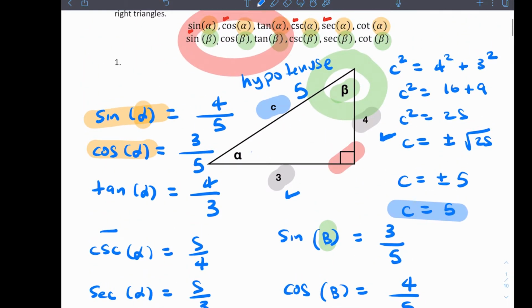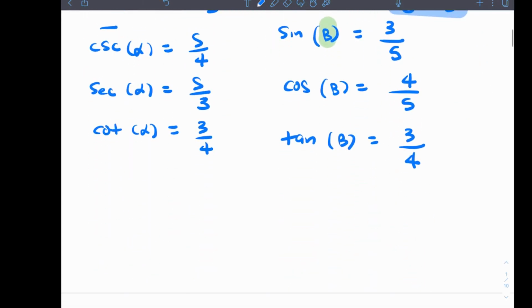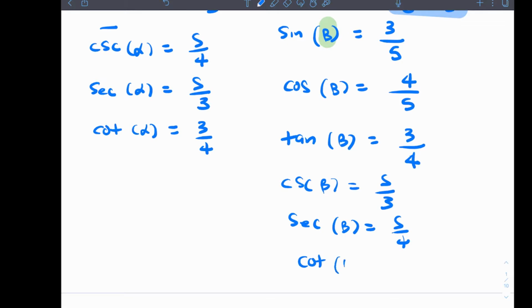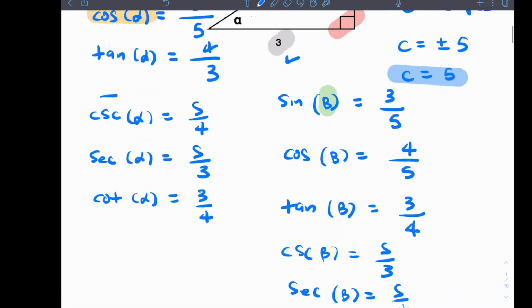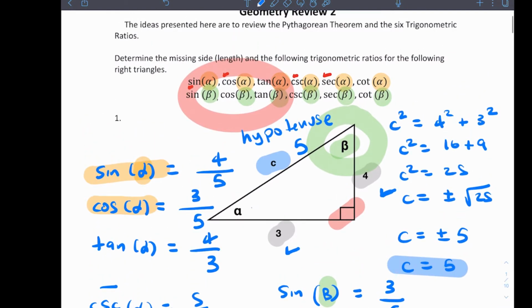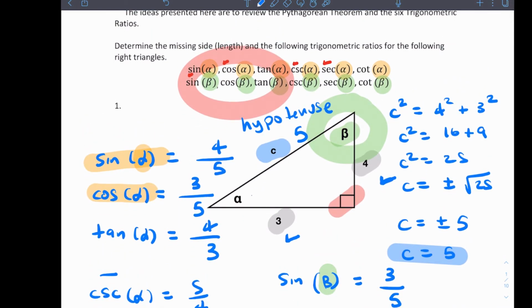Is that pretty simple? All of this information about a right triangle. And similarly, opposite of sine is cosecant for beta, just flip the fraction over. Opposite of cosine would be secant. Flip the fraction over. And opposite of tangent is cotangent. Flip the fraction over.